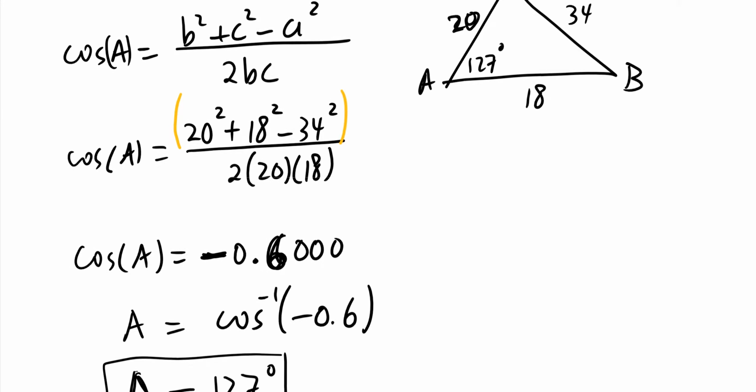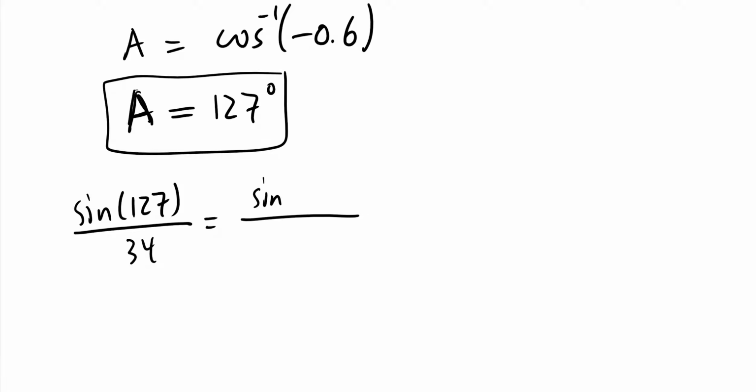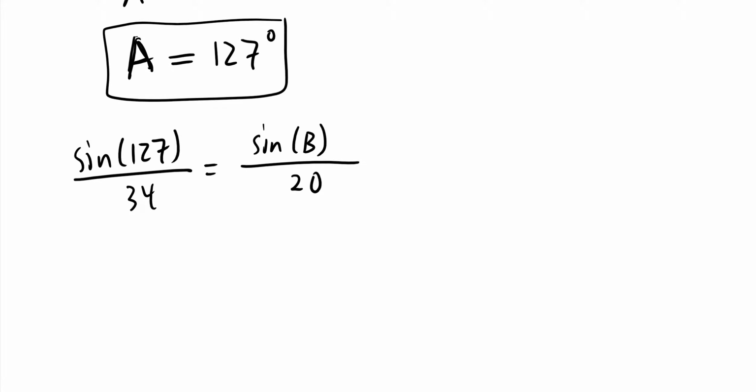Again, as I said, you can use law of sines now. Sine A, which is 127, over A. What was A? A was 34, equals sine B, let's say I want to find angle B, over B, which was 20. Now we can multiply: 34 sine B equals 20 sine 127.